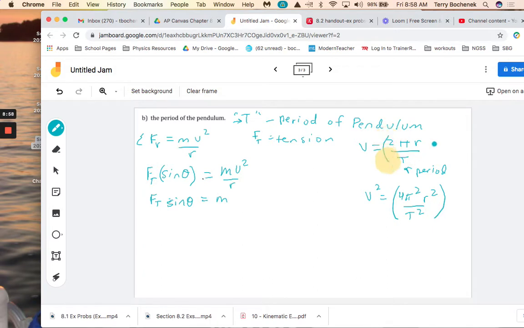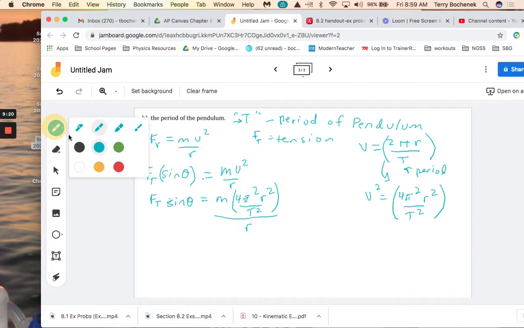So all of this stuff squared. This becomes a little bit ugly. So m times 4 pi squared r squared over t squared, that's just that v squared term, that's still all over r. So we can clean things up a little bit by getting rid of the squared on the r and the squared in the denominator. It doesn't do a ton for us, but it does a little bit.